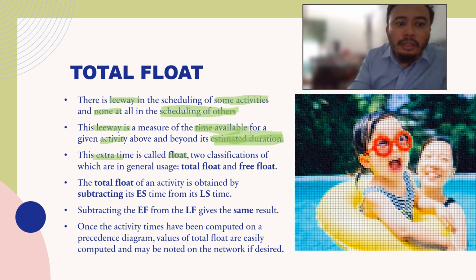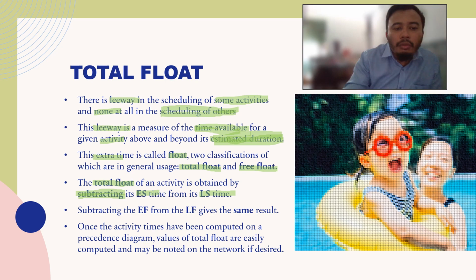There are two classifications of float, which are total float and free float. The total float of an activity is obtained by subtracting the earliest start time from the latest start time. So there you will get your total float.